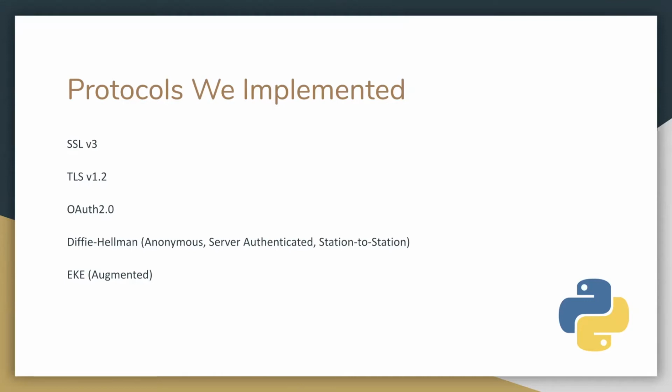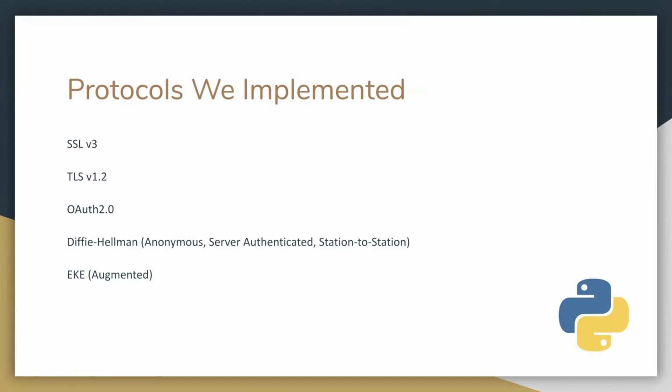For EKE, we did two implementations, regular EKE and an augmented EKE, which stands for Encrypted Key Exchange. There were no current libraries, so we had to code it from scratch. EKE essentially requires a password to be exchanged between the client and the server, and that password is used to encrypt the messages being sent back and forth.